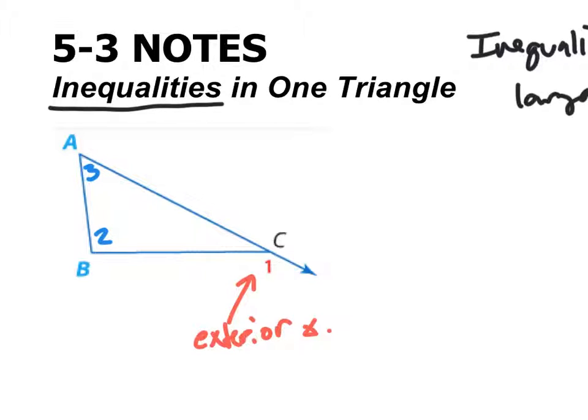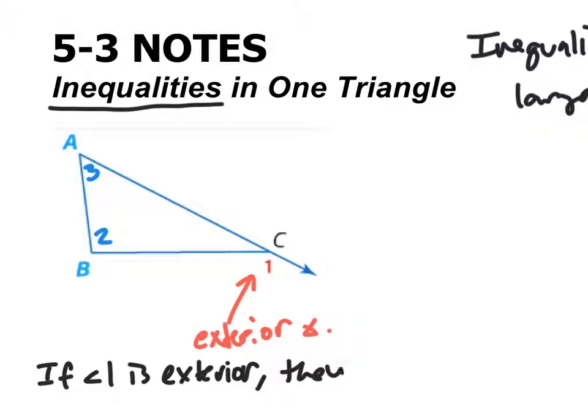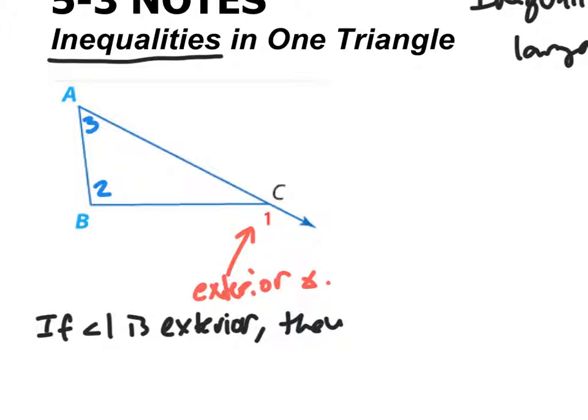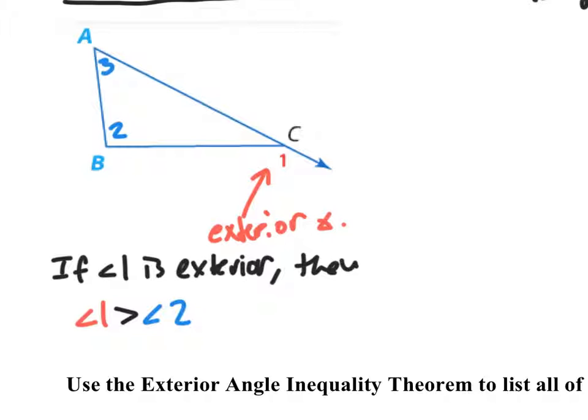If angle 1 is exterior, then I know that the measure of angle 1 is greater than that of angle 2, and angle 1 is greater than angle 3.